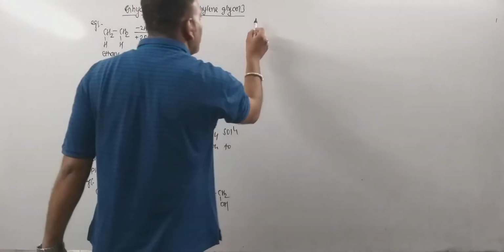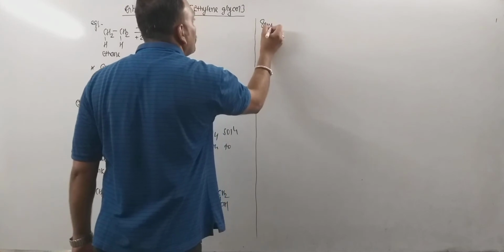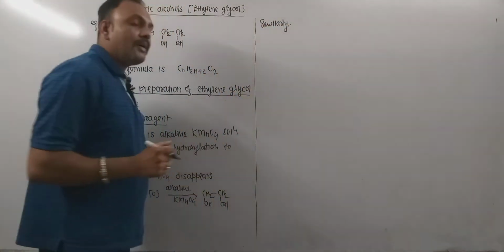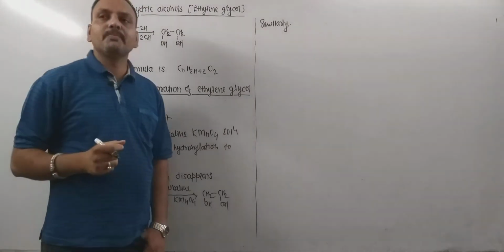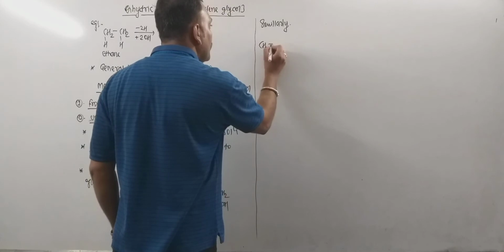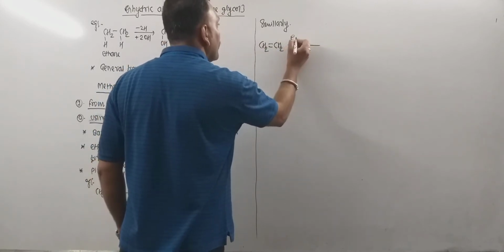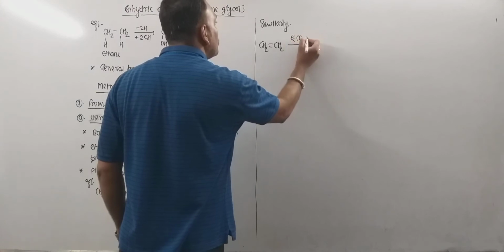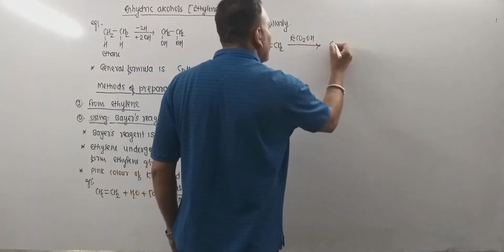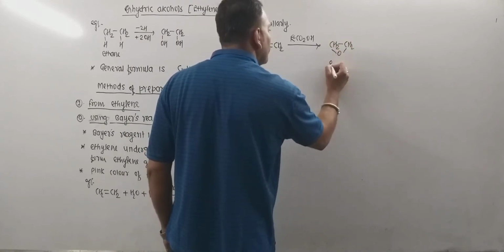Another big thing is that similarly hydroxylation can be brought about using peracid, and remember when we use peracid for this purpose, anti-addition takes place. Let's see, ethylene when treated with peracid, that is RCO2OH, this is peracid. So ethylene reacts with peracid and leads to the formation of ethylene oxide.